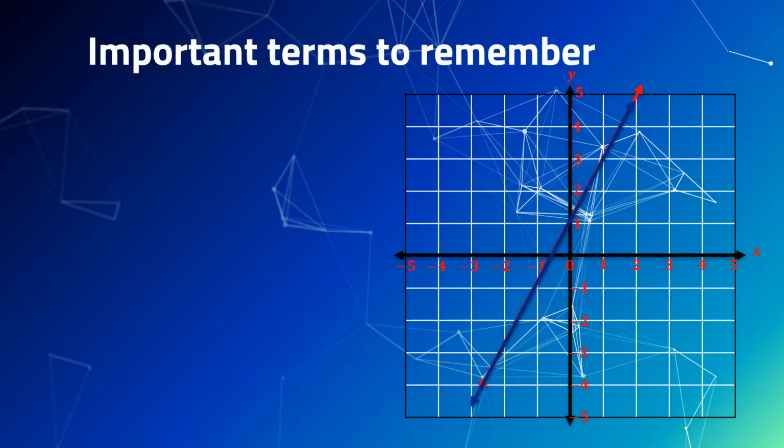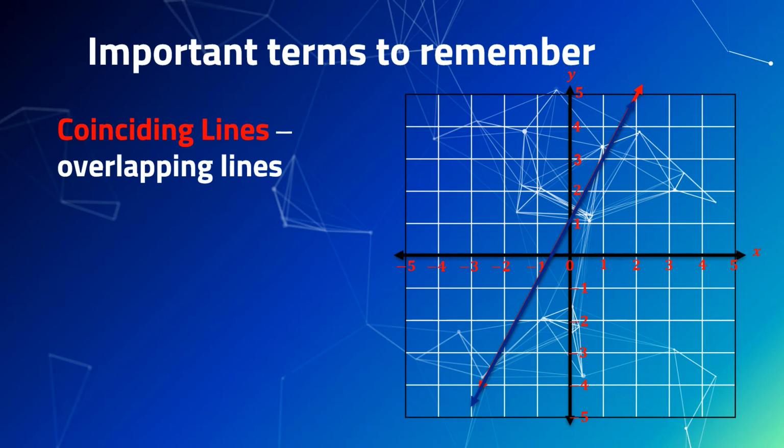The next one is what we call coinciding lines. Simply, these are overlapping lines, wherein in this illustration we have a line here, and another line overlaps the previous line. So these are two lines that coincide, or these are overlapping lines.